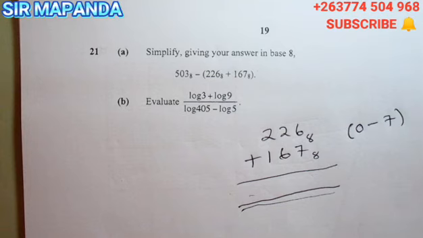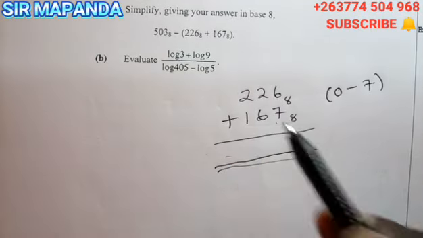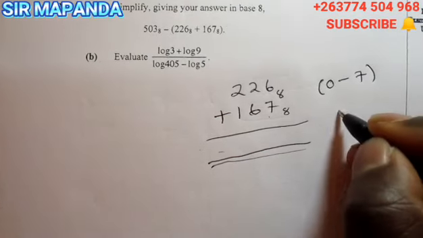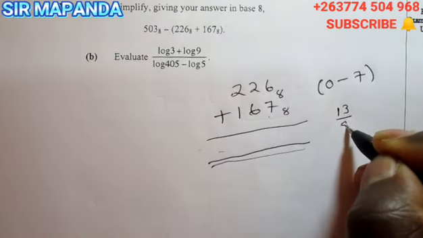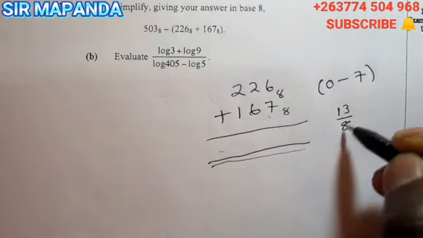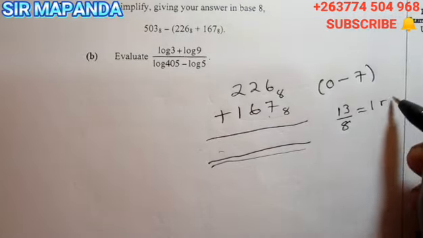If we find a number which is 8 and above, we reduce it by dividing by the base, then write the remainder. Like 6 plus 7, you get 13. 13 is greater than 8, so you don't write 13, but divide it by the base 8. 13 divided by 8, you get 1, remainder 5.